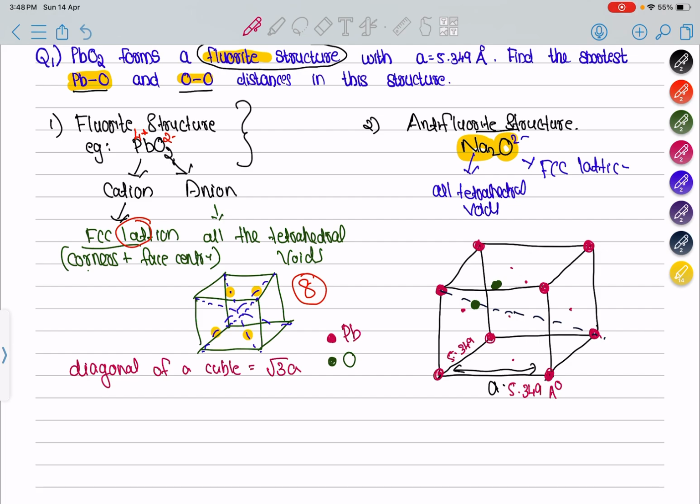Suppose this side is a and this is also a, then this face diagonal is √2a, using the Pythagoras theorem. Then using this triangle with √2a and a, you can find that the body diagonal is √3a.